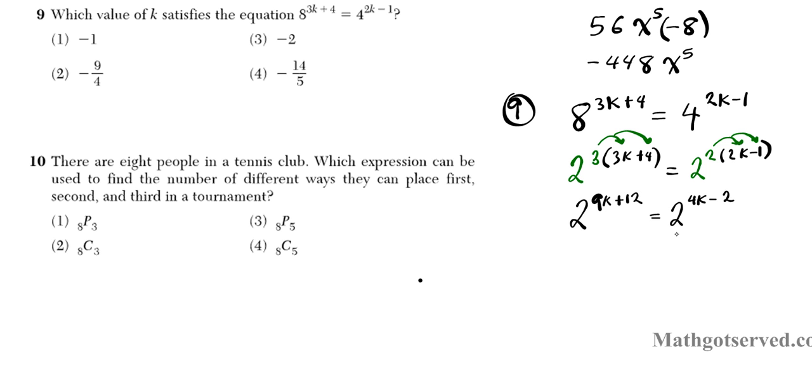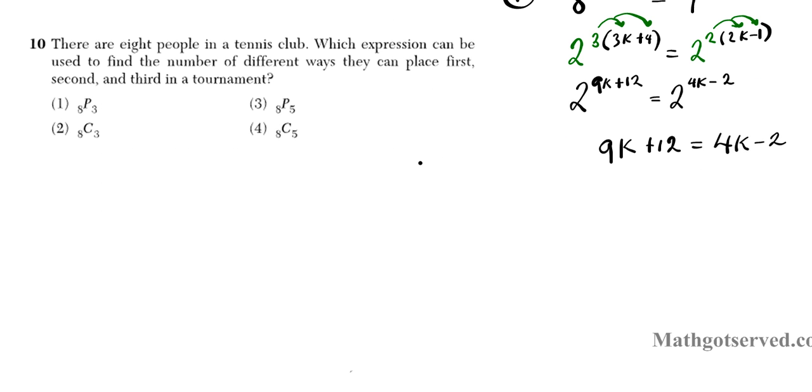Now you notice that the bases are the same. If the bases are the same, it follows that the exponents are also the same. So we can just cancel out the bases and we have 9k plus 12 equals 4k minus 2. If we can isolate k, then we'll be done.